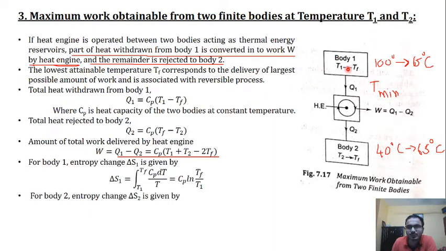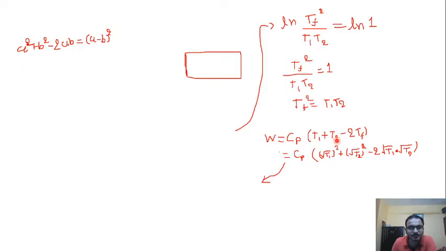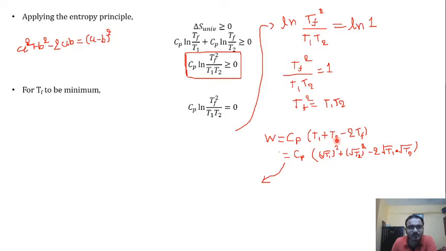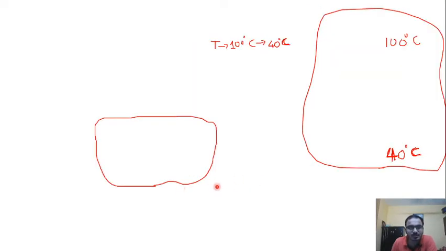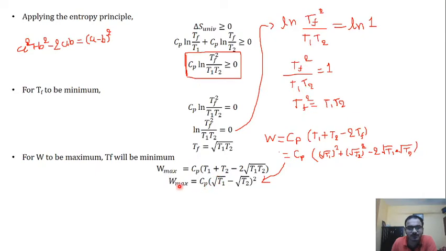Here we have two bodies and we are running a heat engine in between them. We obtained the minimum temperature which provides a maximum work output, given by this formula: Wmax is equal to Cp (square root of T1 minus square root of T2) whole square.